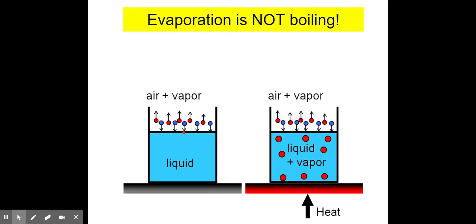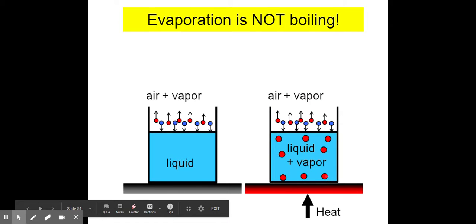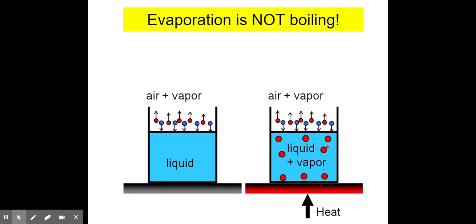If you have a container of a liquid, some of the particles of the liquid at the surface will turn into a gas. It's a very slow process that can be sped up if you increase the air movement on top of it or if you increase the surface area, but it's a very slow process. If you're boiling something, you're actually adding heat to increase the vapor pressure, to increase these little bubbles, this liquid here turning into a gas.